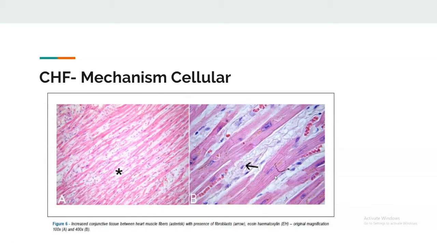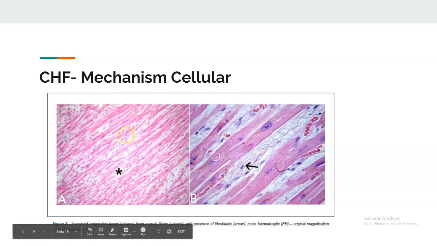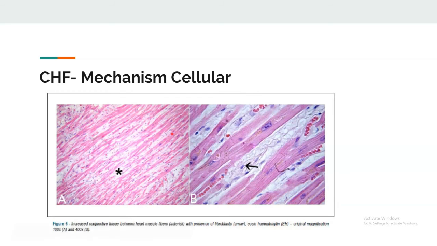Then we have the cellular mechanisms. So this is actually of the fibers in the connective tissue between the heart muscle fibers.